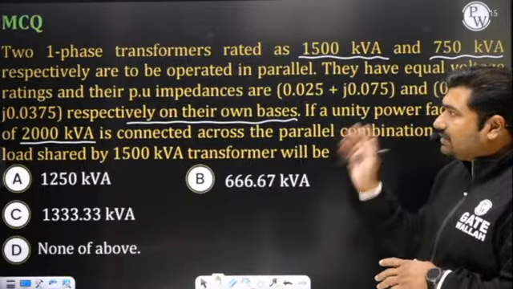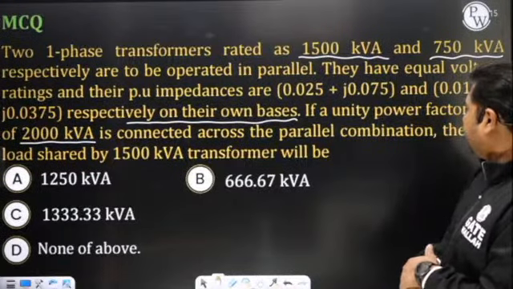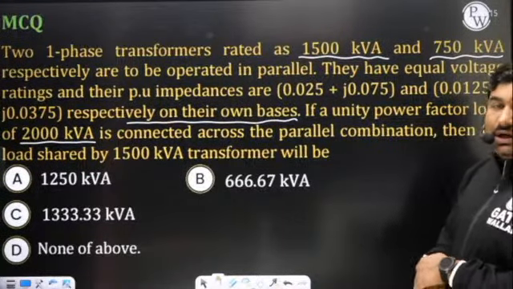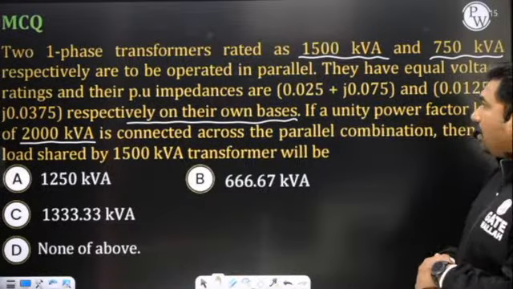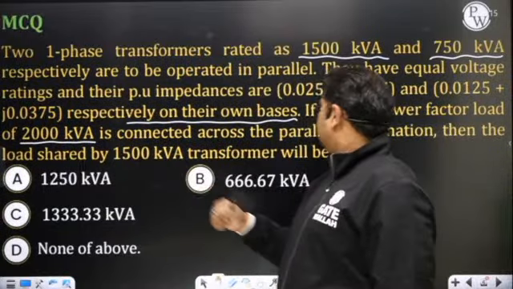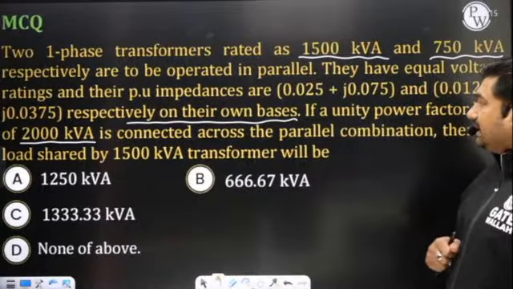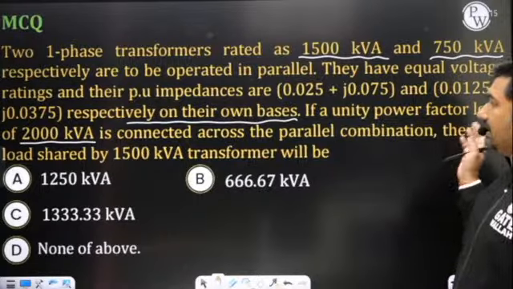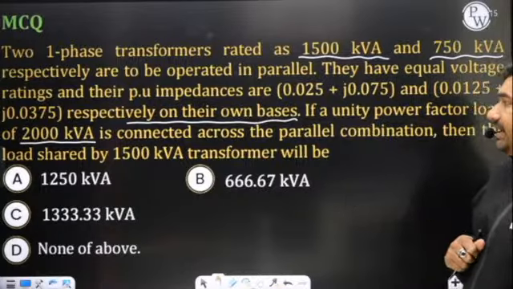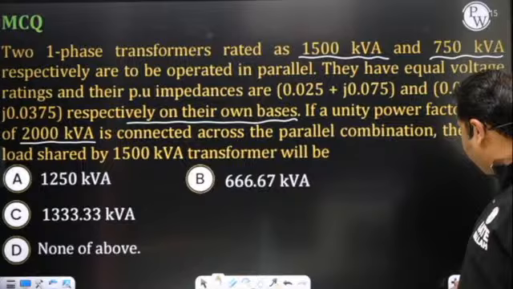Per unit impedances on their own base values are also mentioned to you, at unity power factor load, and 2000 kVA is the total load connected across the parallel combination. We need to find the load shared by the 1500 kVA transformer.